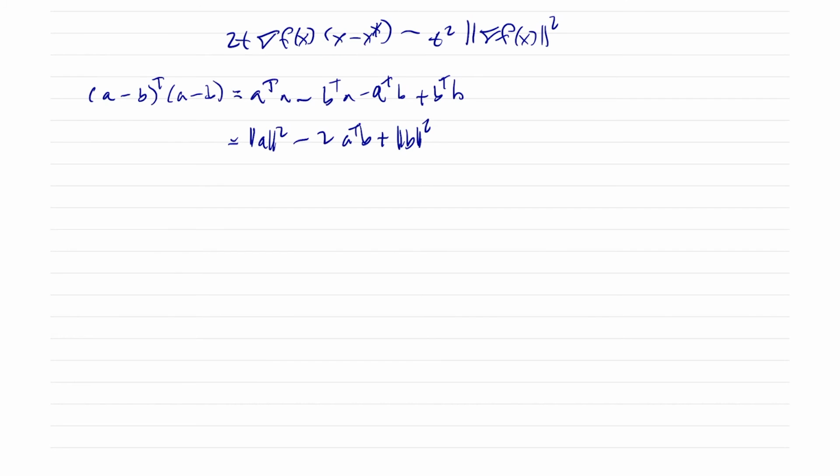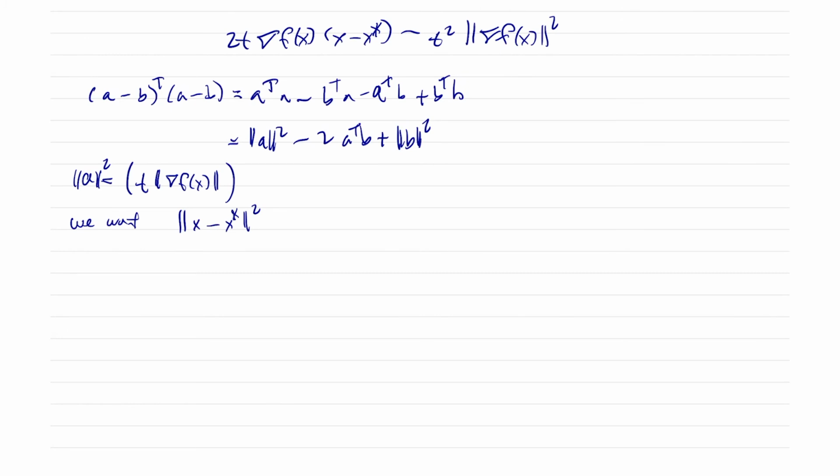So far we have a equal to t squared norm. Sitting here in place of a squared is t norm a gradient of f of x. So that's one term. Another term we need is the norm of x minus x star squared.